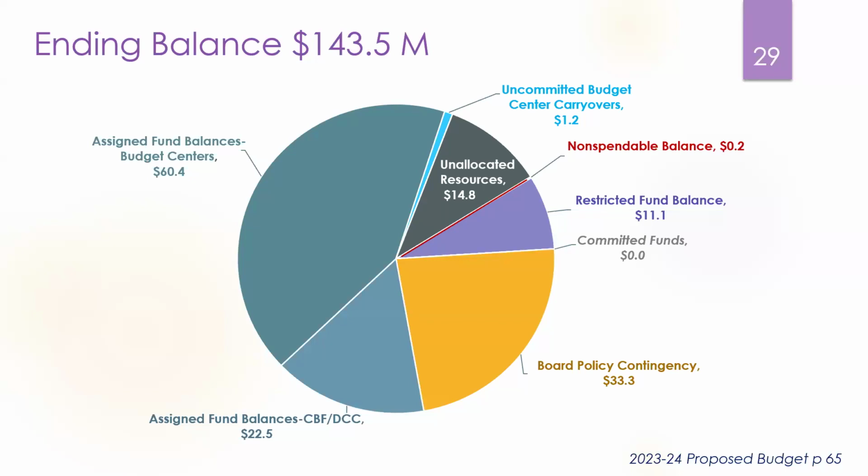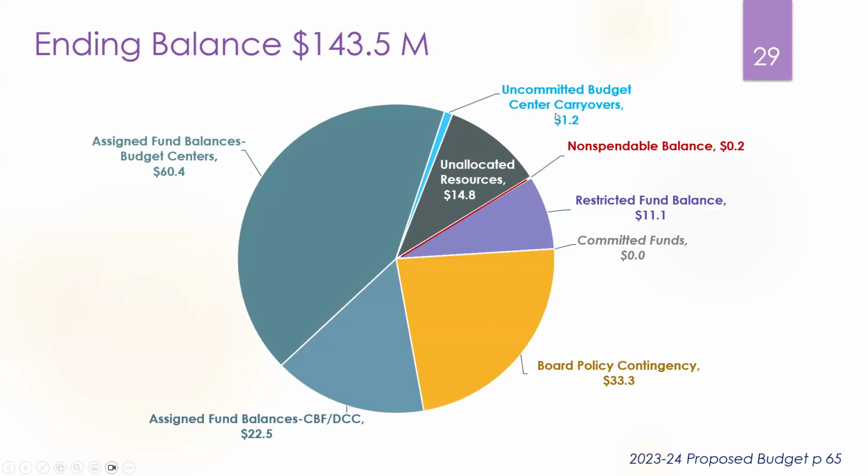This is money that the campuses have identified as assigned for their campus-specific purposes, and that list is also in our budget book. So when you get through all of that, you're left with $1.2 million of uncommitted funds, and that is primarily sitting in the budget centers. So these are the budget center carryovers. And then the true district-wide unallocated resources remain at 14.8%.